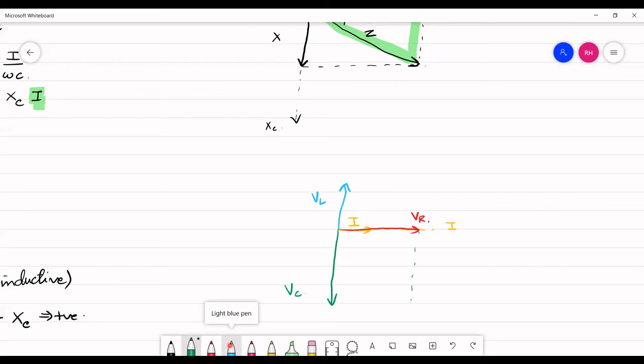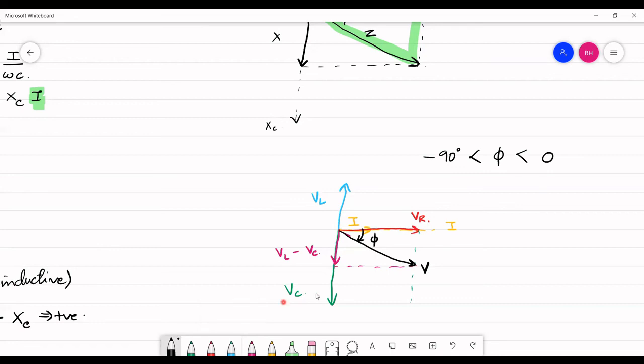So adding these values, now VL minus VC will be negative, and taking a phasor sum of all these three voltages, we have the phasor voltage, and this makes an angle phi with current, where phi is between minus 90 degree and 0. In both the cases, cos phi, the power factor is going to range from 0 to 1.